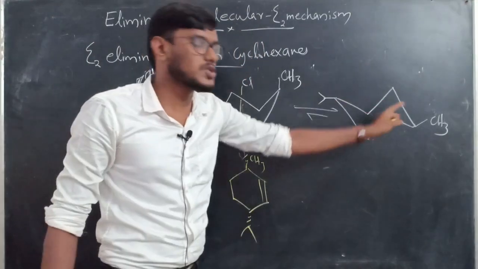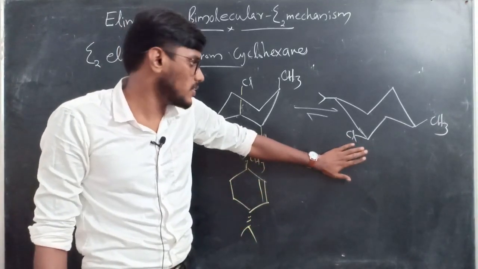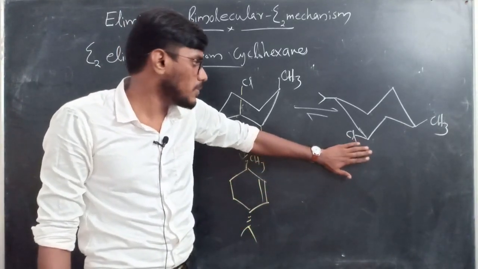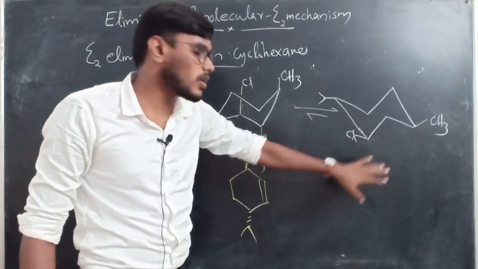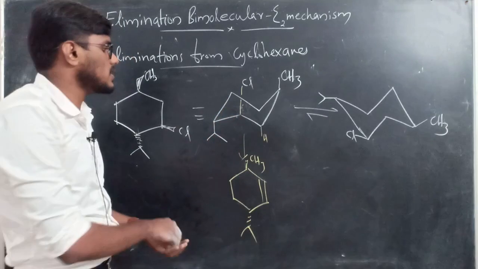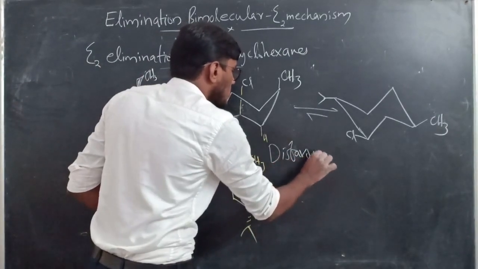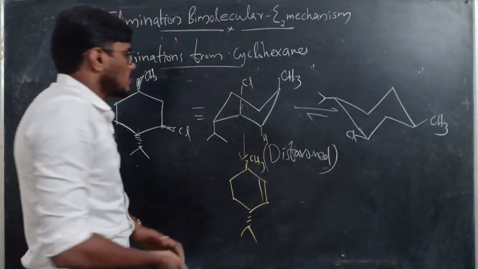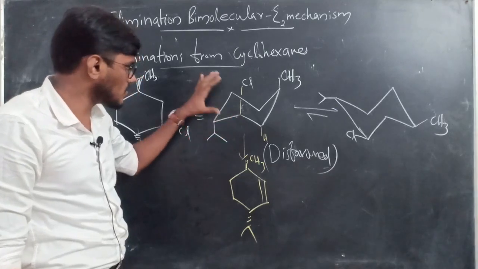This is the stable conformation of menthyl chloride, but here there is no axial chlorine, so no elimination takes place here. No elimination because no axial chlorine. But here is an axial chlorine, but it is a disfavored conformation. This is not favored. But if it gives the product, it's a slow reaction because it's a disfavored conformation.